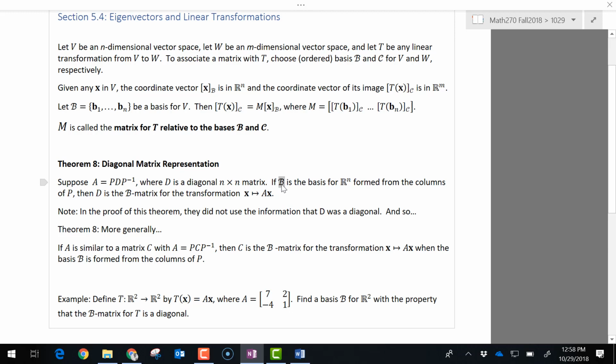So if B is a set of vectors formed by the matrix P, which in this factorization is actually the eigenvectors, then D, the diagonal, is going to be your matrix transformation. And just think about how easy that would be to use a diagonal matrix for your transformation, because now you're only picking out the components.